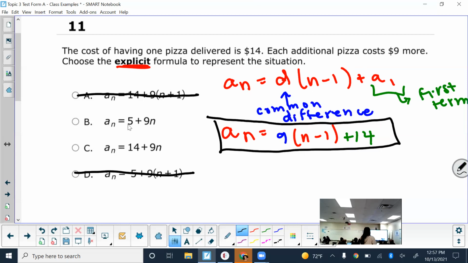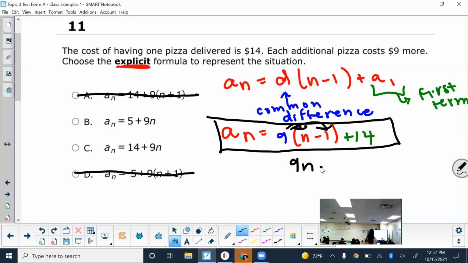So now we're between B and C, which don't have parentheses in them. How do you think we can get rid of these parentheses? Distribute. So what's 9 times n? 9n.